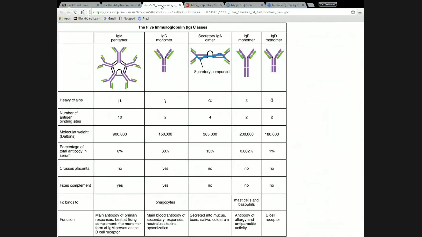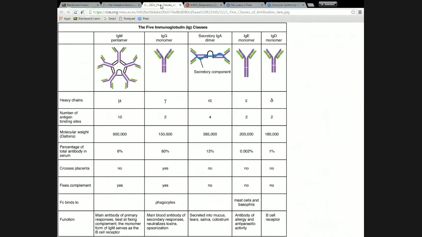Finding it in secretions, down at the bottom it says it's found in mucus, so all mucous membranes are going to contain IgAs, helping to counteract the ability of pathogens to cross those mucous membranes. Tears and saliva, well, saliva is kind of the mucus of your oral cavity, so to speak.